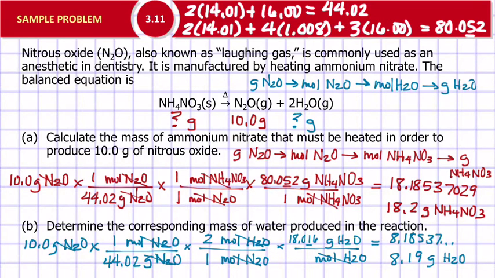Would it have been all right for Part B if we started with the grams that we got for ammonium nitrate rather than N2O? Yeah. In doing this question after this one, you could take the mass of ammonium nitrate and do a very similar calculation and come up with a mass of water from that, and you should get the same answer.